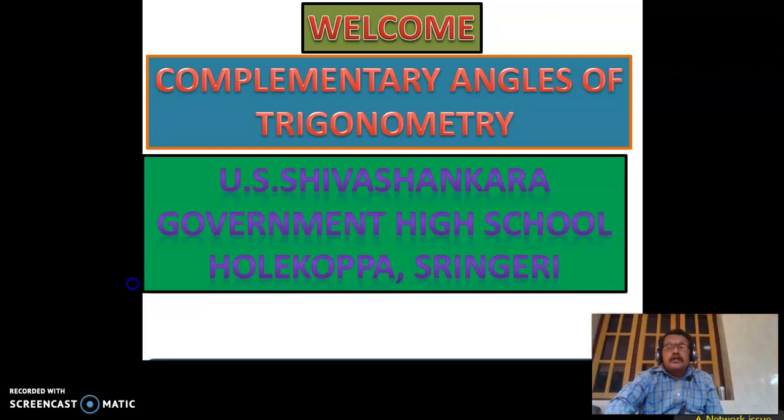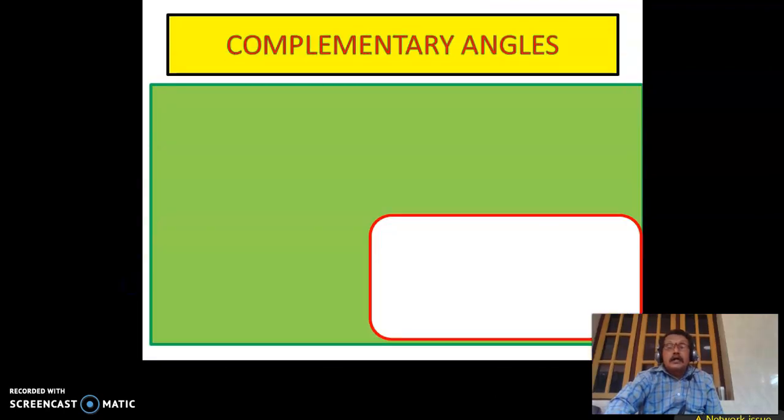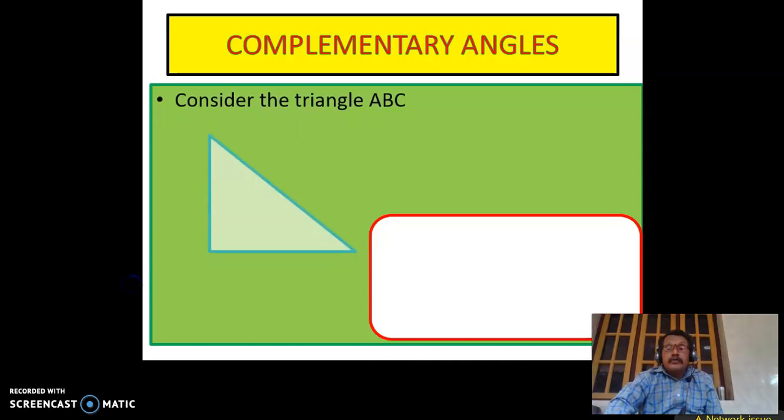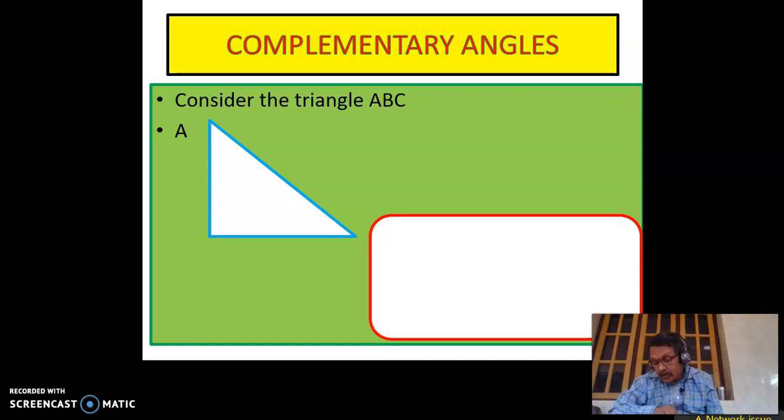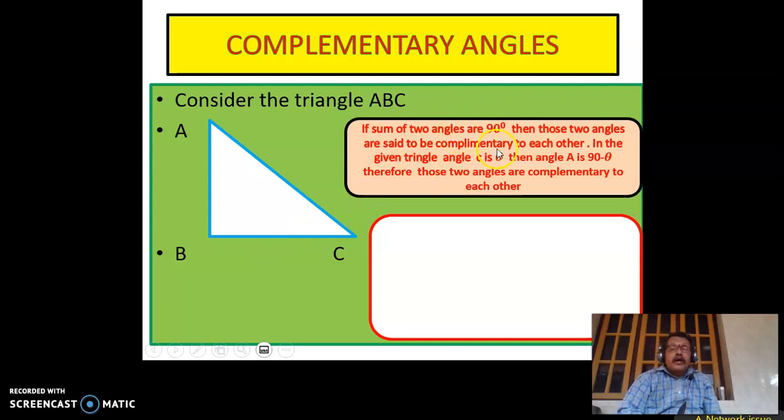So let us consider this triangle ABC. If the sum of two angles is 90 degrees, then those two angles are said to be complementary to each other.